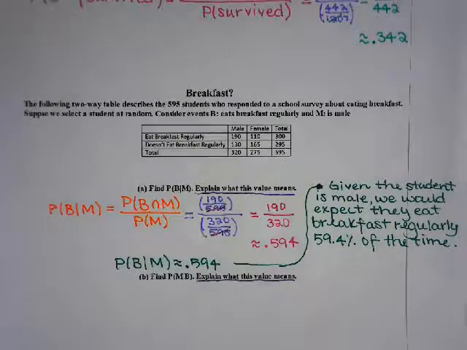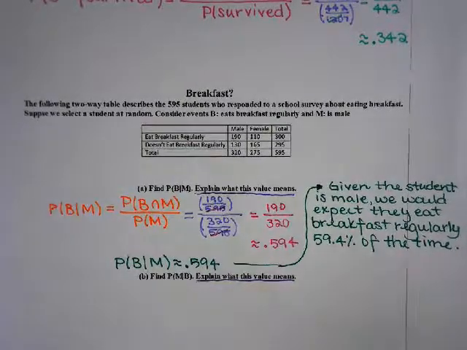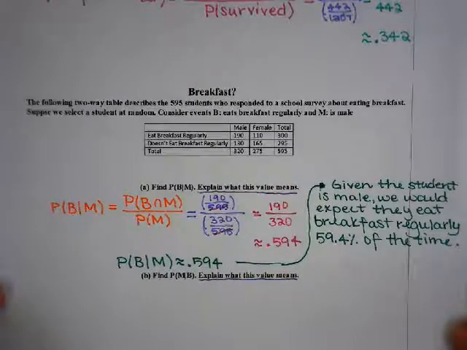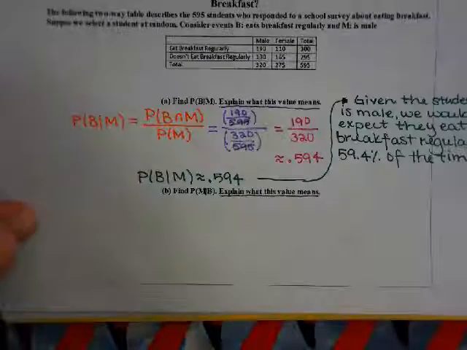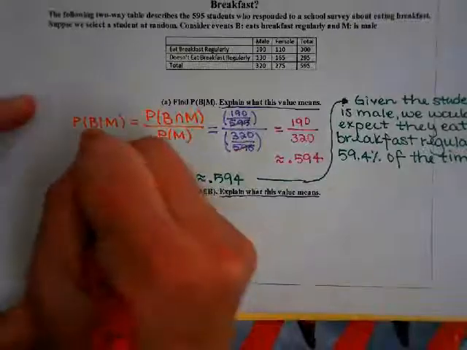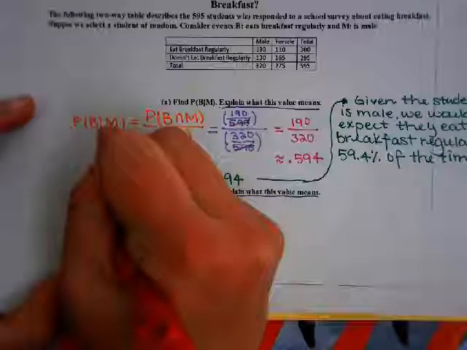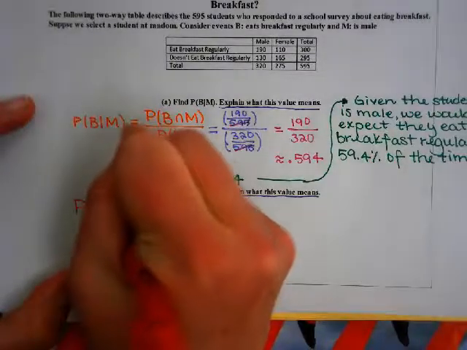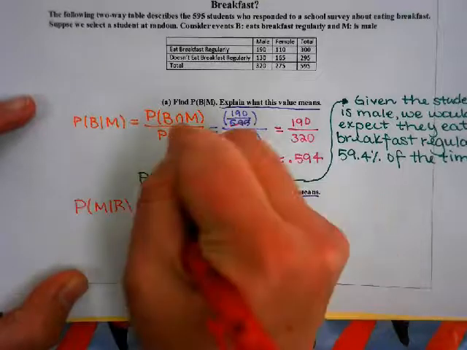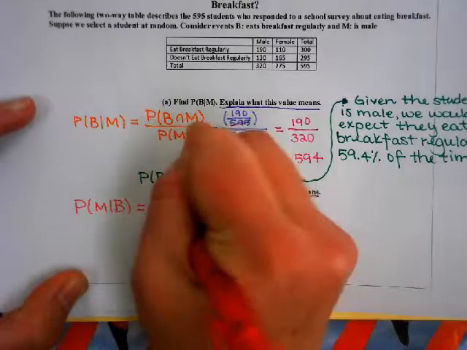They eat breakfast regularly. So given they eat breakfast, the probability that they're male and they eat breakfast divided by... oh no, my pen died.